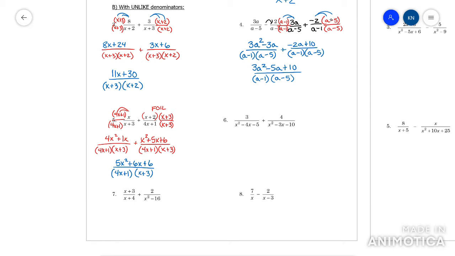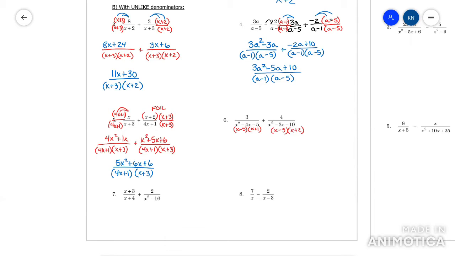Okay, next up. These are your worst nightmare because it's a trinomial on the bottom. So my advice to you is to factor the bottom here. If you factor this, you'll get x minus 5, x plus 1. If you factor this denominator, you'll get x minus 5, x plus 2.